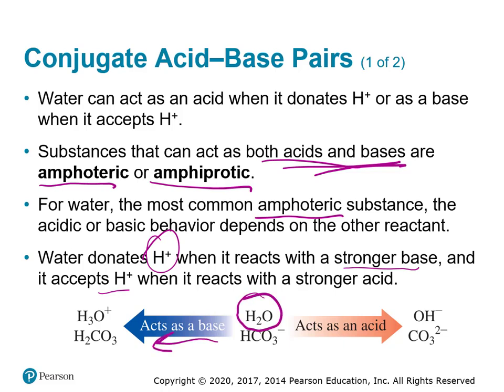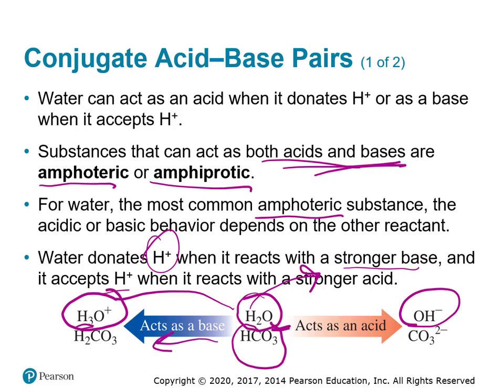So here I have water. If it's acting as a base, that means that it is a proton acceptor, so it would gain an H. If it acts as an acid, that means it's a proton donor, so it's giving away one to give me OH-. Now HCO3-, if it acts as a base, that means it's a proton acceptor, so it can become H2CO3 with no minus, because gaining that proton takes away that -1 charge.